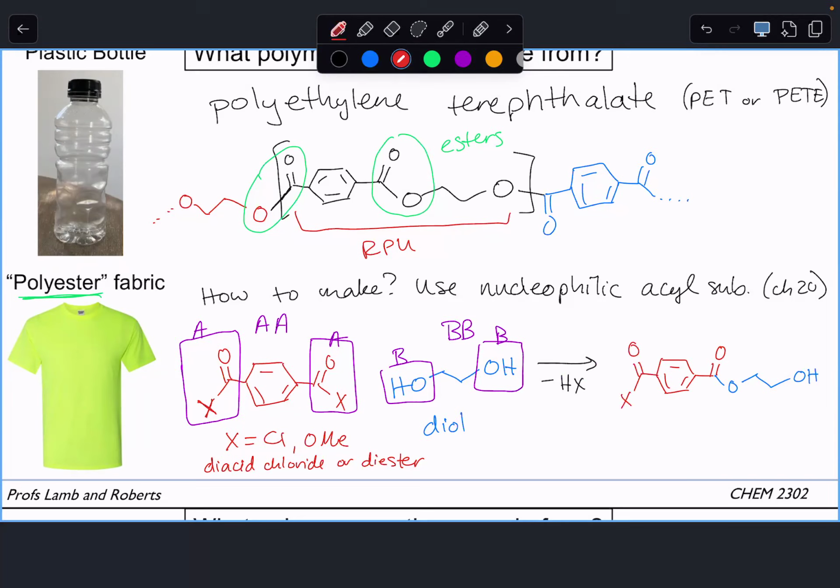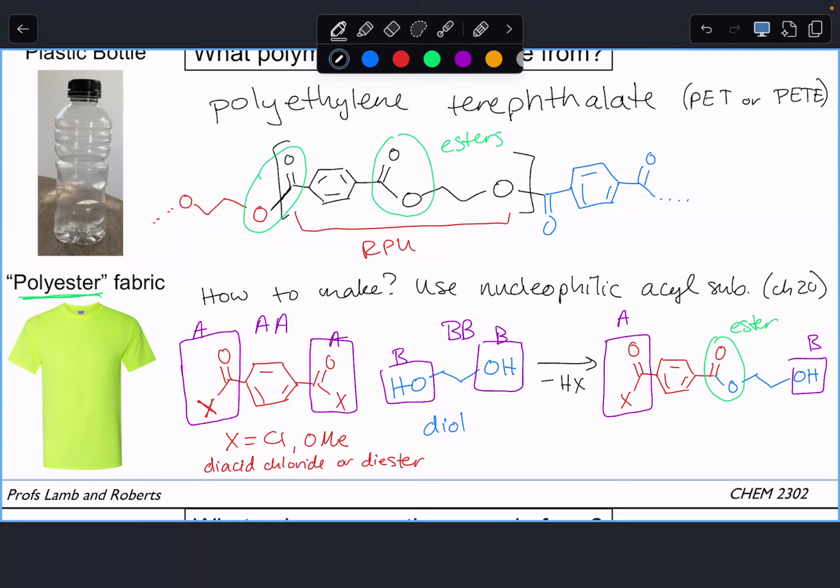Okay, so I have made 1 ester linkage there. I still have 1 A functional group and I still have 1 B functional group. So that means that it can continue to react.